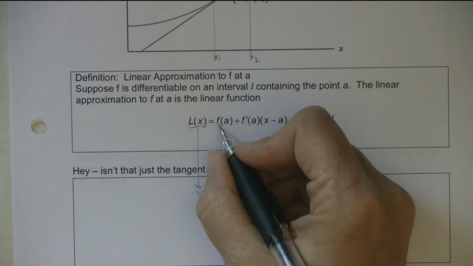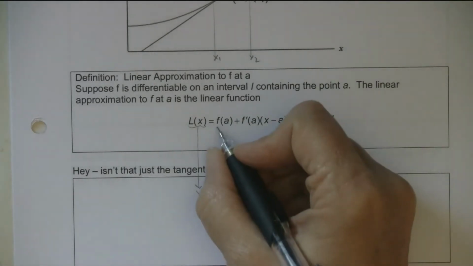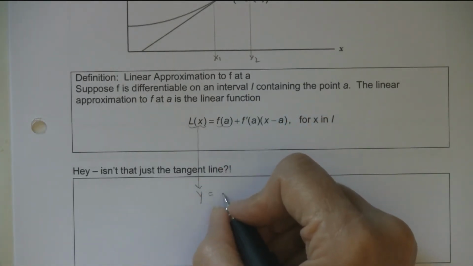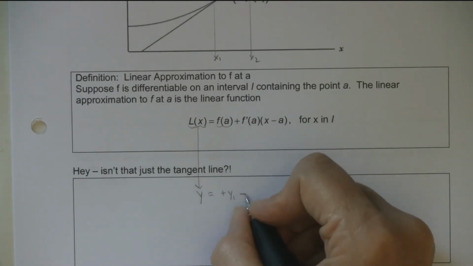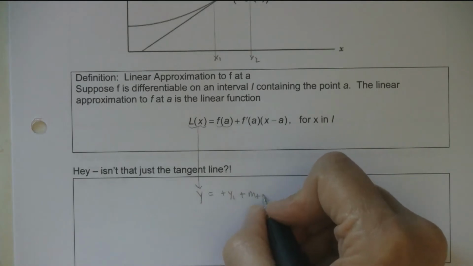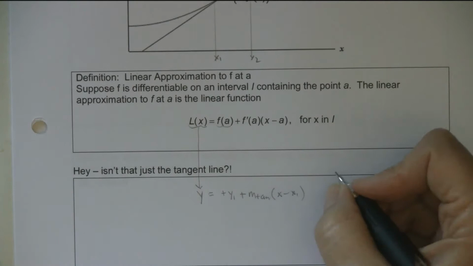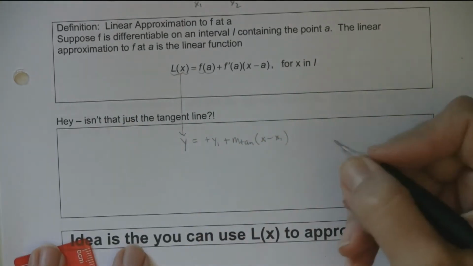And this is the point, our y1 on the other side over there. Whoops, that should be plus y1, right? And minus y1 when we get it over there. And then the slope of our tangent line, and then x minus x1, right? And so really, it's just the tangent line.